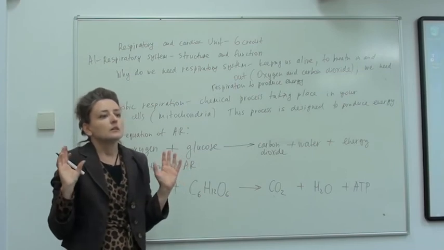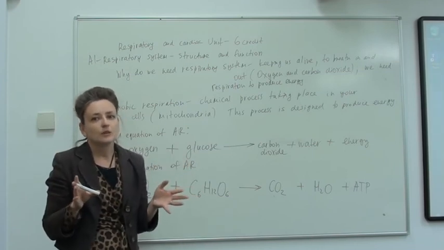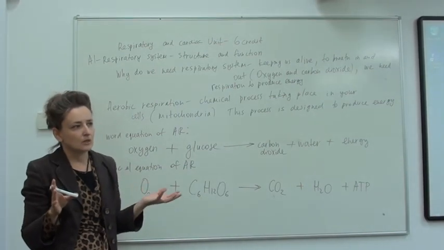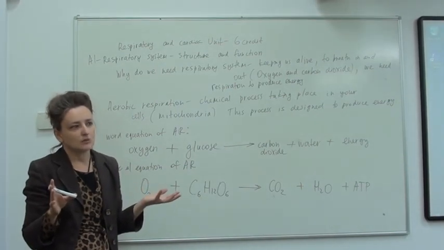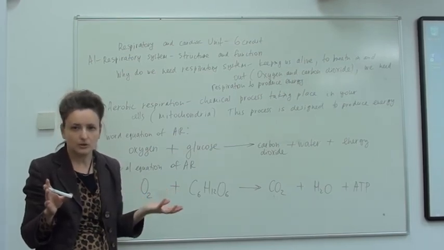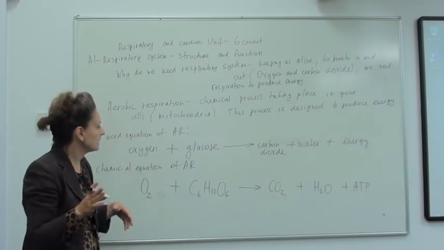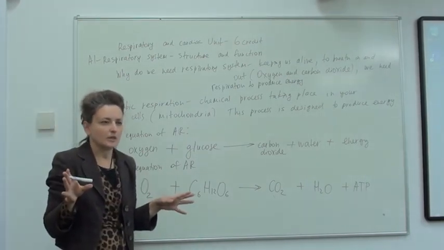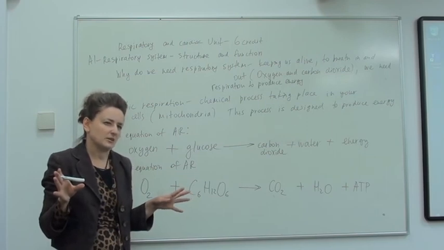So, a bit of a challenge then for all of you. We're going to try to balance this equation. Now, this is not something you would routinely be required to do in the course, but it's useful to be able to do it when you get to university. Anybody ever had a go at balancing equations in the past?